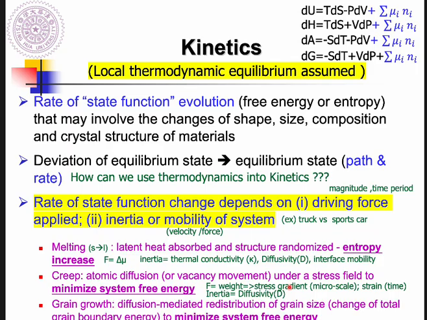The last case I'm going to give you as an example will be grain growth. What's grain growth? Grain growth is the diffusion-mediated redistribution of grain size, which means that we have polycrystalline materials with different grains, and the grains get bigger and bigger, and the total number of grains decreases.